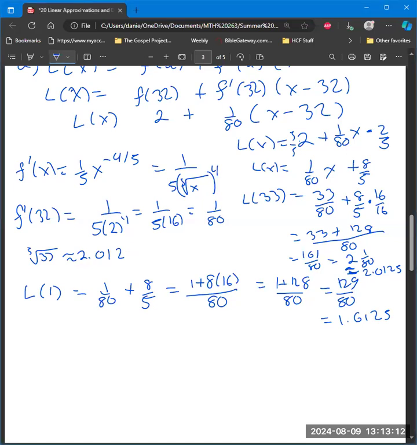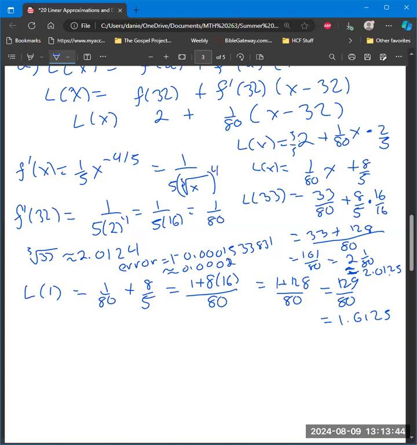Let's call this 2.0124 so that we go to 4 decimal places. All right. My error here, remember, error is absolute value. The absolute value of negative 0.000153383. So my error is about 0.00015.